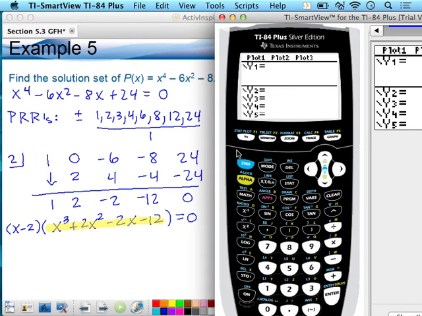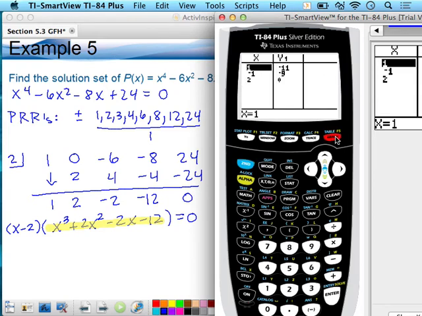Okay, so let's go to y equals, and let's change our polynomial to x to the third plus 2x squared minus 2x minus 12. So we're going to go over to our table, and we are going to check our possible rational roots. 1, -1, 2, -2, 3, -3, 4, -4, and so on, until we find one that produces a 0 value for this new polynomial, this third degree.